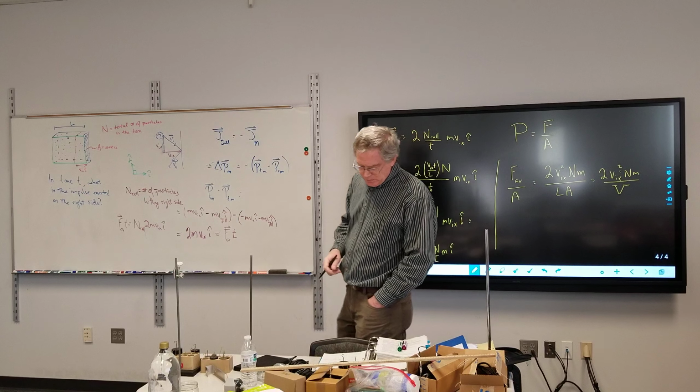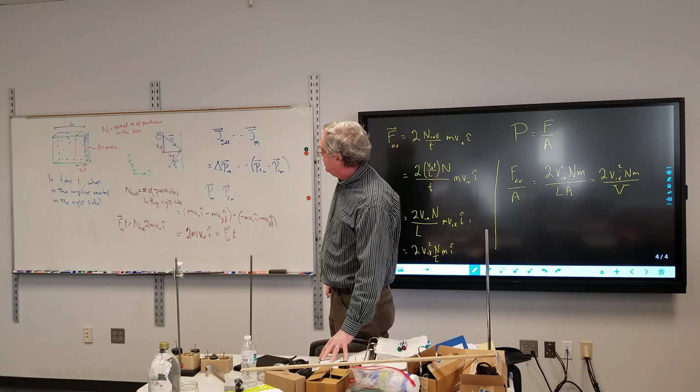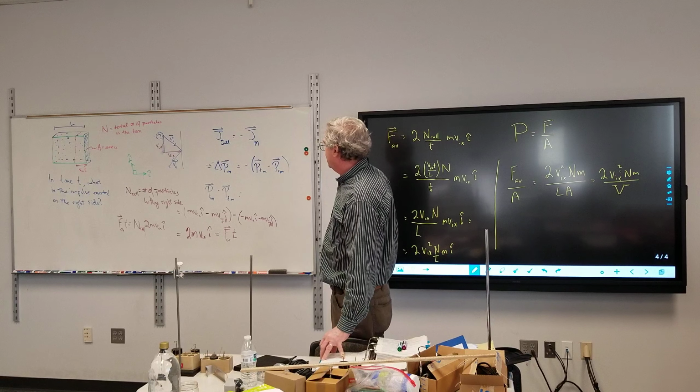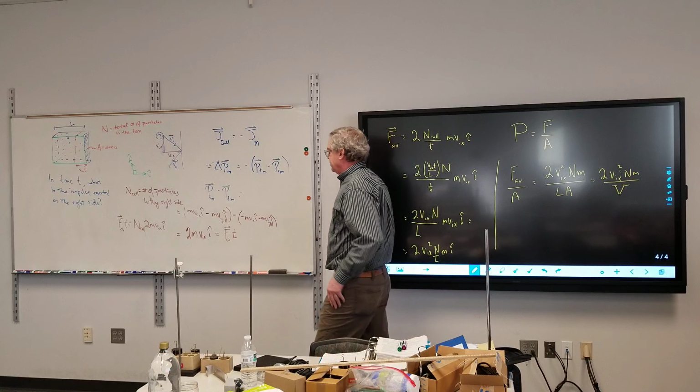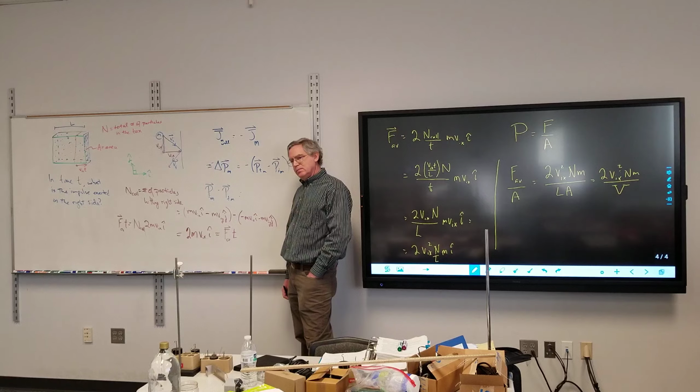Can I ask a question? Yep. So at the end of the pink on the whiteboard, at the bottom, right? So if the number of particles at the time of the collision times 2 m v_ix i hat is the N in this case, because in the next thing it says that the same thing is true without the N collision.